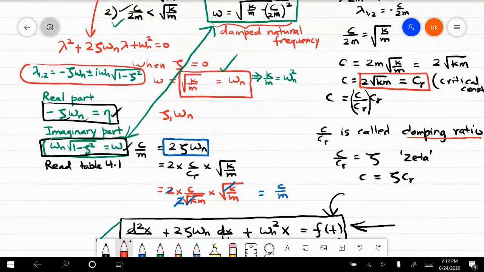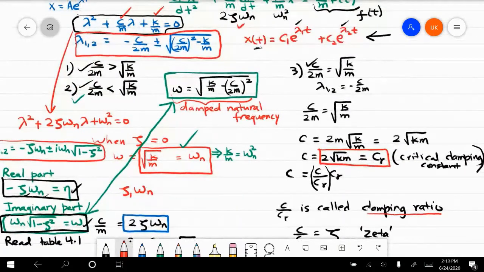It had a real part and an imaginary part. So once we know omega n and zeta, we can find the real part and imaginary part. You can calculate this eta, you can calculate the damped natural frequency, and so you will get lambda, and after you get the lambda, you can plug in here.